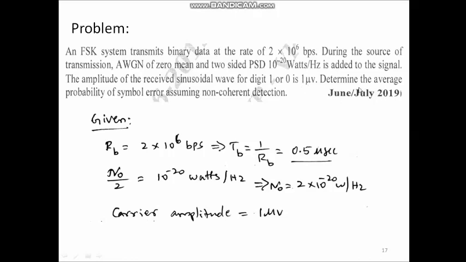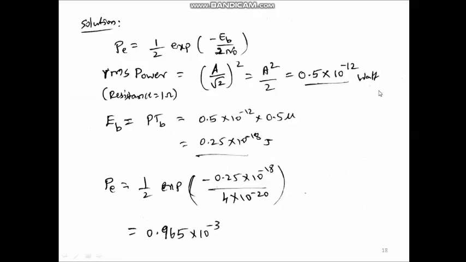When we find the average power or RMS power, we need to convert it into RMS amplitude. Determine the average probability of symbol error assuming non-coherent detection. Also read the question carefully: here it is asked for non-coherent detection. This question was asked in June-July 2019. Okay, the solution is given here.